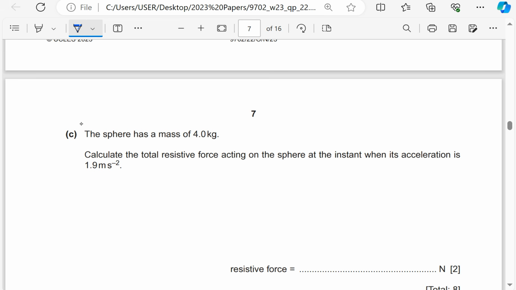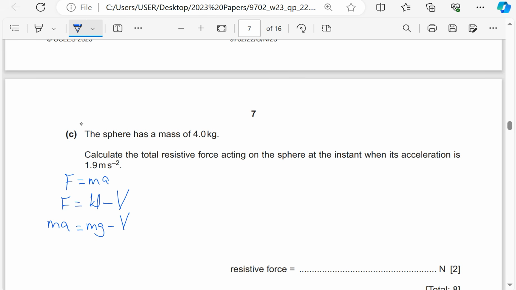I know that the resultant force is given by mass times acceleration. But the resultant force is equal to the weight minus the viscous drag. So the mass times the acceleration is going to be the weight, which is mg, minus the viscous drag.